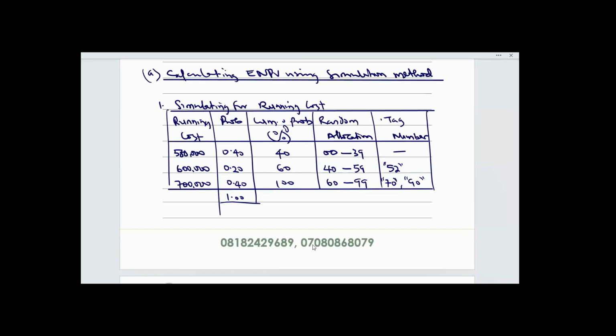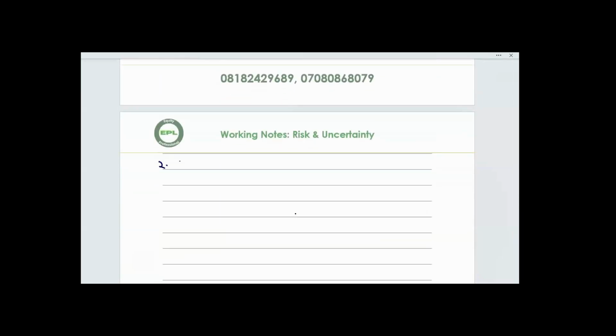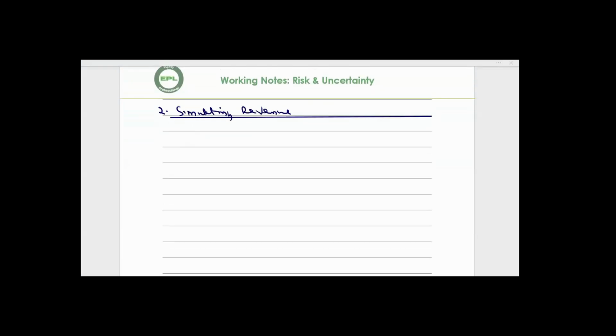Let's do another one for revenue. Number 2, simulating for revenue. It's the same procedure, the same format.